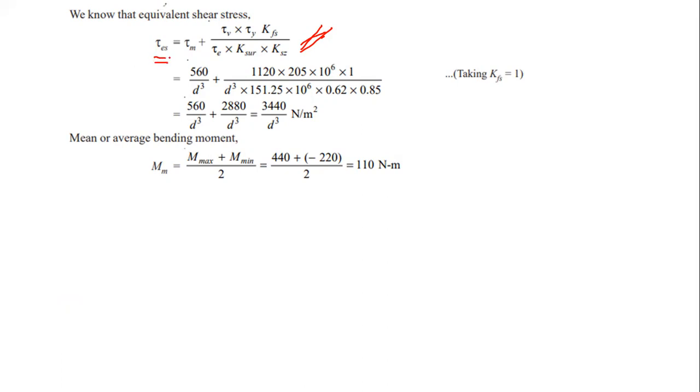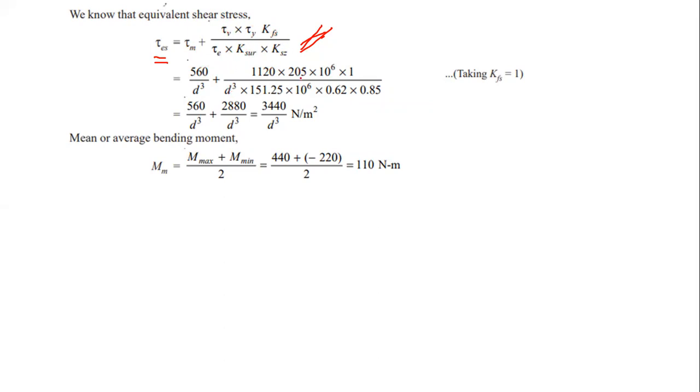Tau es equal to mean shear stress tau m plus variable shear stress tau v into tau y, yield shear stress, into KFS, the shear stress factor for fatigue load, and tau e, the shear endurance limit, surface finish factor, size factor. Already we found the values of tau m and tau v. Substitute values: 560 by d cube is the value of tau m, and 1120 by d cube is the value of tau v.